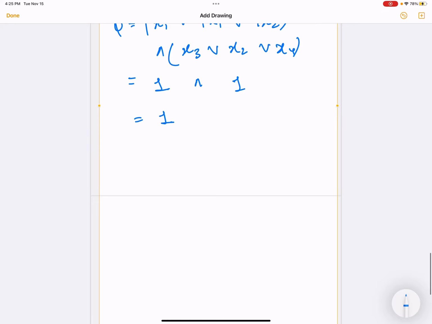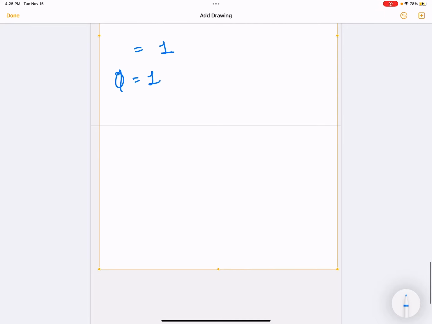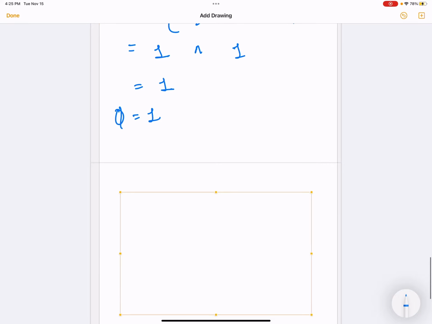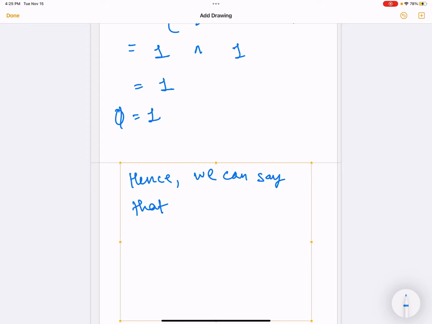Now we can see that after assigning values, our final formula is evaluated as 1, and hence we can say that this CNF is satisfiable.